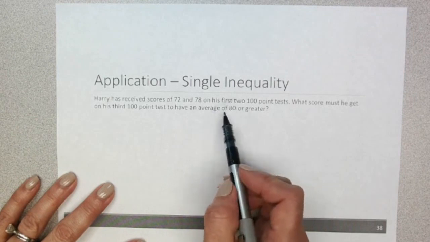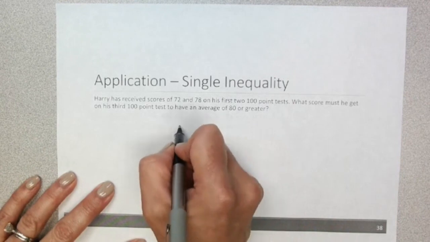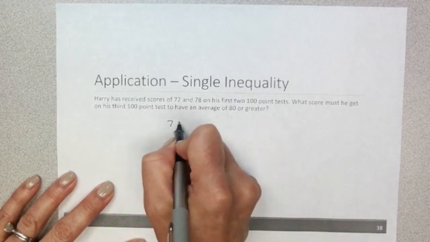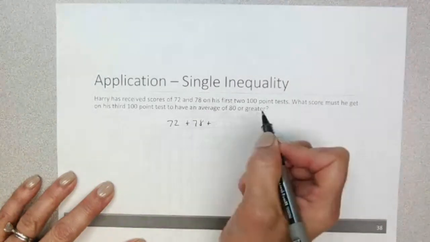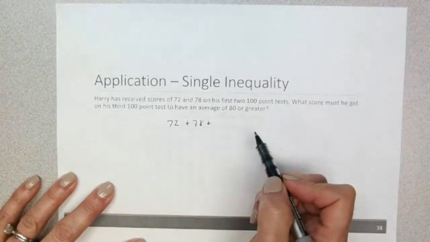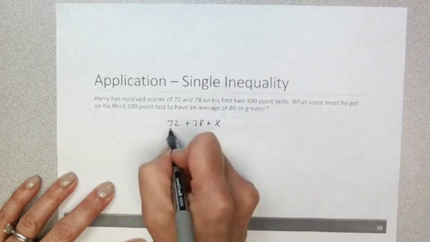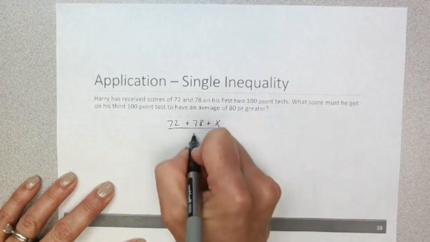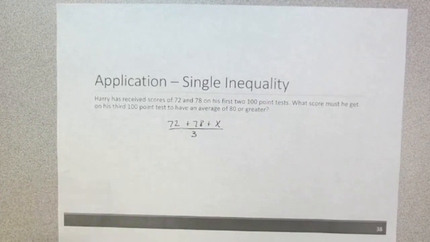So if I wanted to average these three tests, I'd add the scores: 72 plus 78 plus, well, I don't know what that third test is going to be yet, so we'll make that X. There are my three tests. When I divide them by 3, that gives me the average.